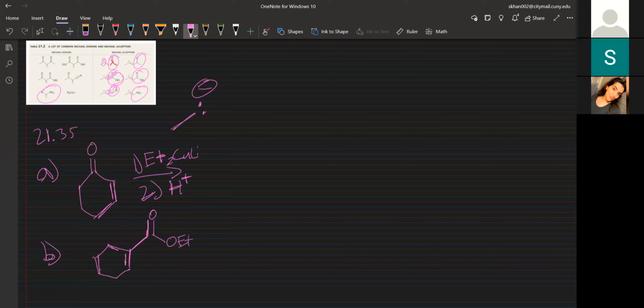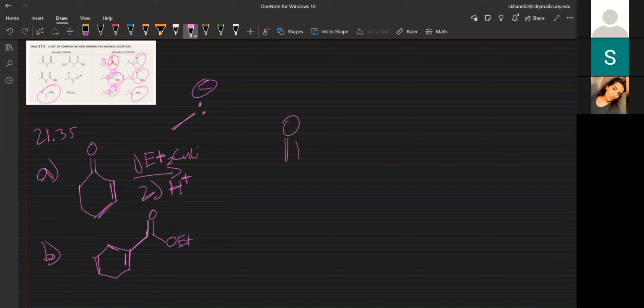It's going to push up and form this. Technically, you will have an enol there, and that's what the H plus is for: to tautomerize the enol back into a carbonyl. So all the outcome of this reaction is, is that you're installing whatever your Michael donor is at that beta position.